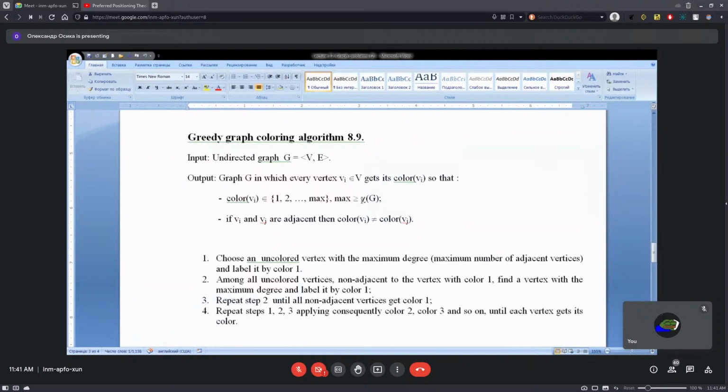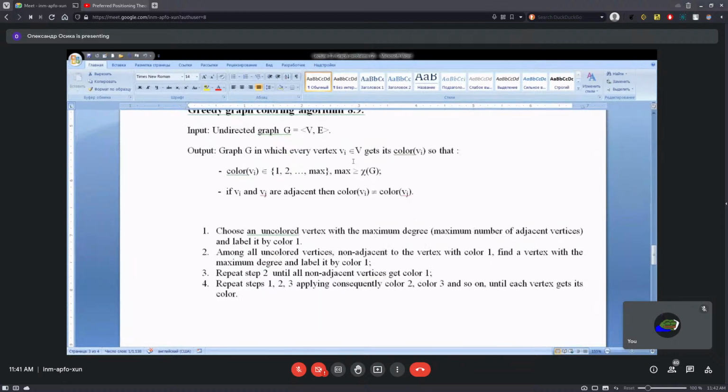Max may be equal, may be greater. If V sub i and V sub j are adjacent, the colors of V sub i and V sub j are not equal. These are the restrictions.